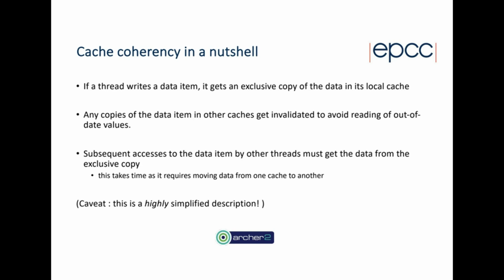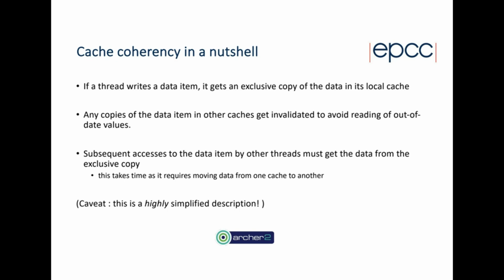So cache coherency. Okay, just a brief bit of background in case anybody's not too familiar with the hardware. In shared memory systems with multiple cores, typically every core will have its own level 1 and level 2 caches, and then the level 3 cache is typically shared between either all the cores or some subset of the cores, depending on the processor design.